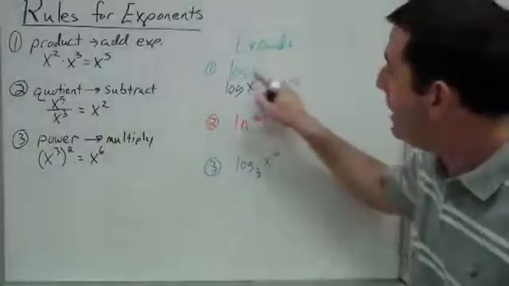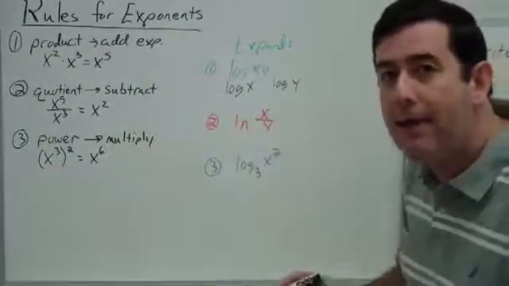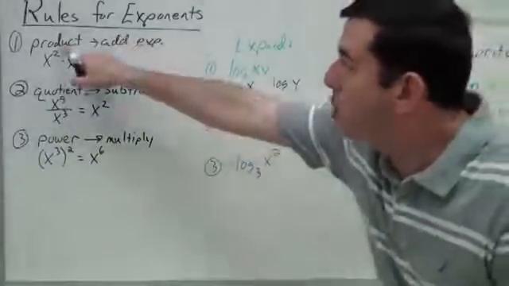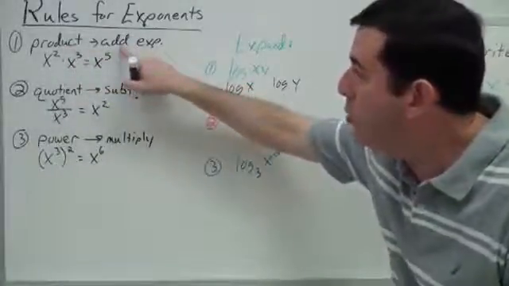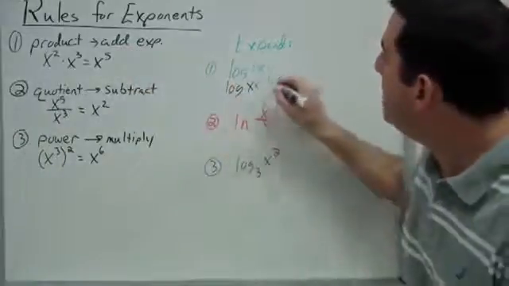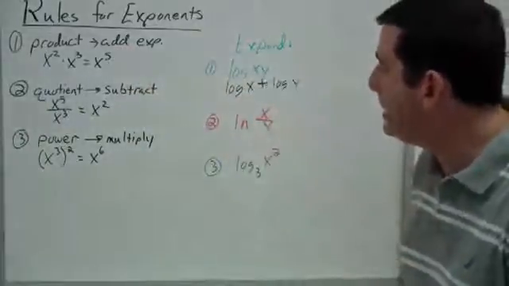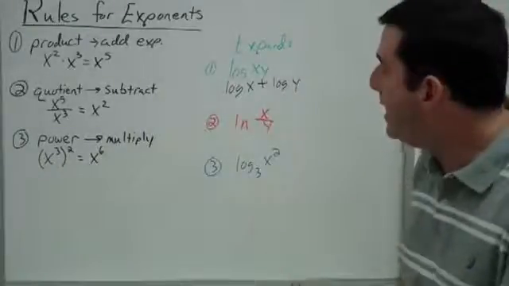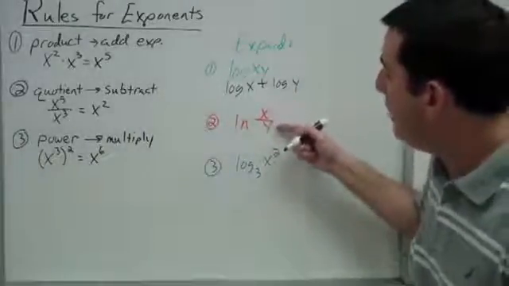Now these two things were being multiplied together. To handle that, multiplication becomes addition when you're dealing with exponents. So let's add these things together. These are equivalent expressions.